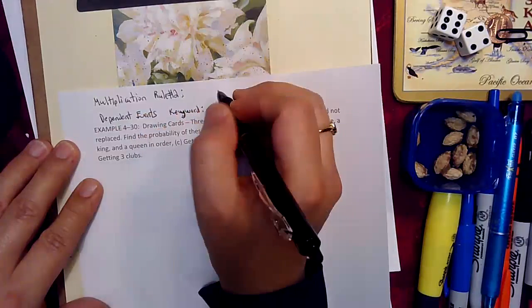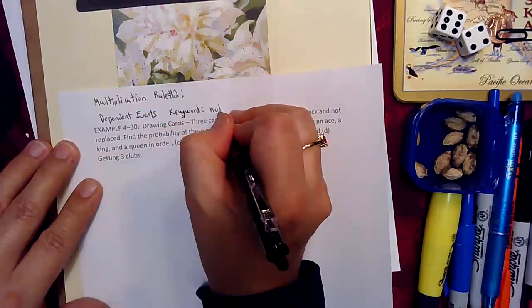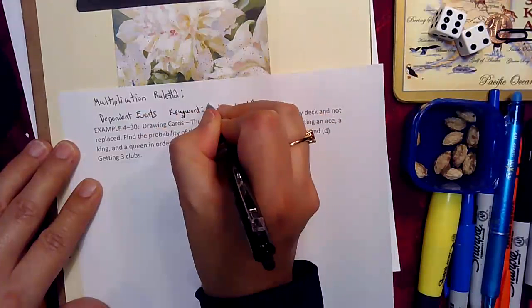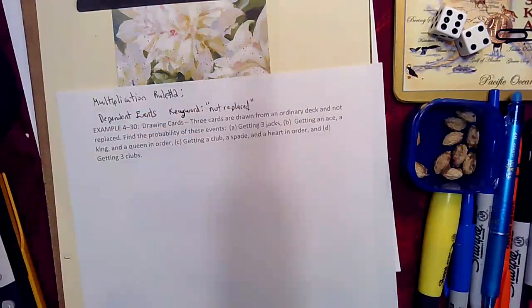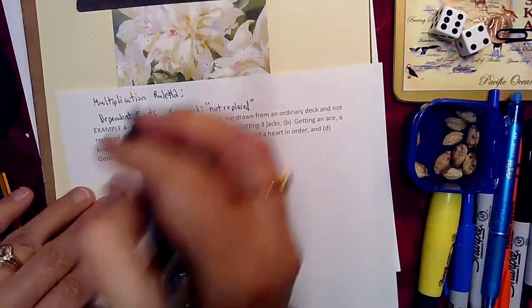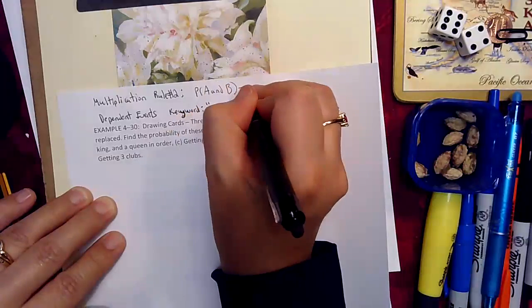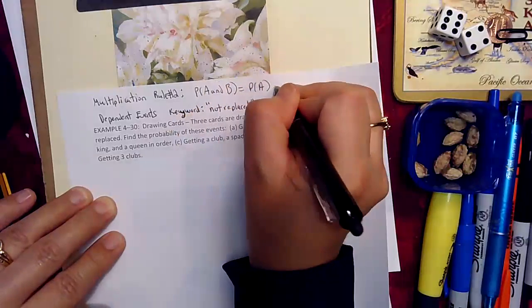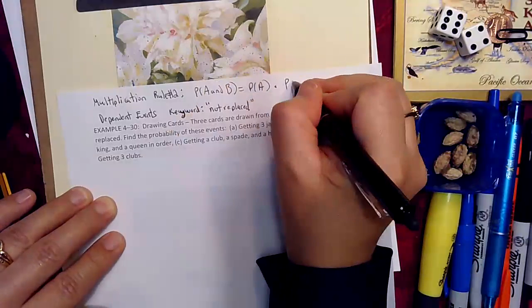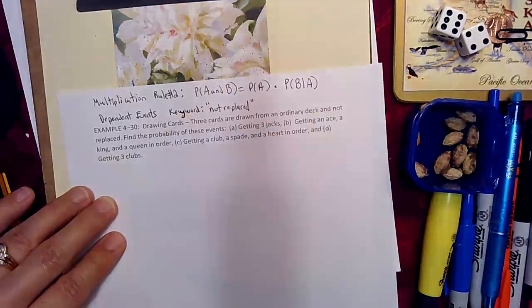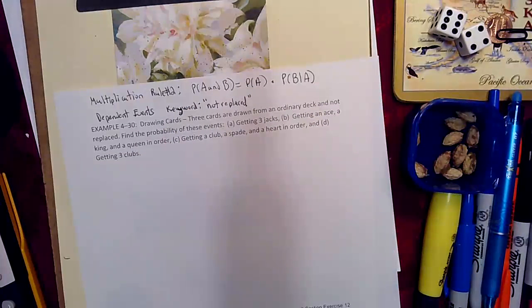One of the keywords is not replaced. That's helpful if you're working with cards, right? And then the formula is probability of A and B is equal to probability of A times probability of B, given that the A has already occurred. And that's why you have to do your subtractions.